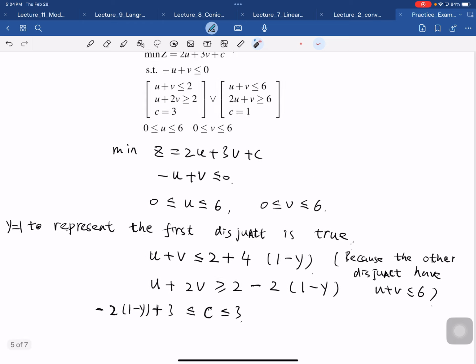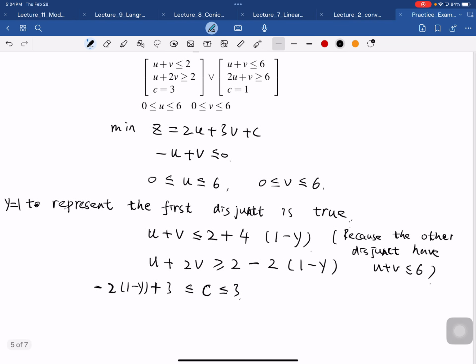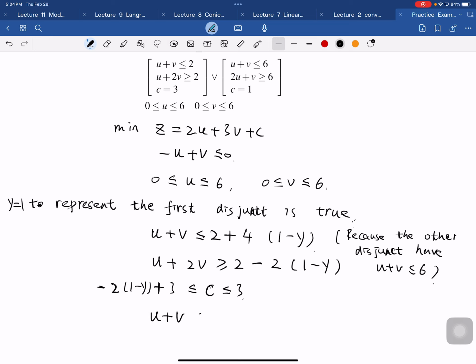Okay, yeah. So now let's write down the inequalities for the second disjunct. Okay, so we have u plus v less than or equal to 2, and you want a big M parameter times y, right? Because when y equals 1, you want this constraint to hold trivially. But here, since the other disjunct has u plus v less than or equal to 2, we don't really need this part.